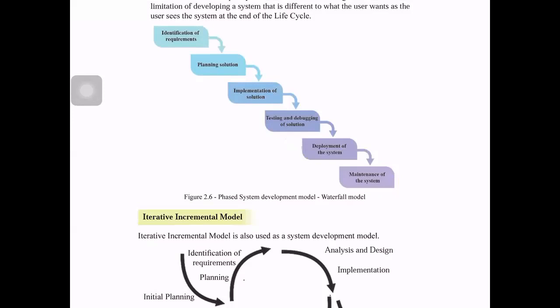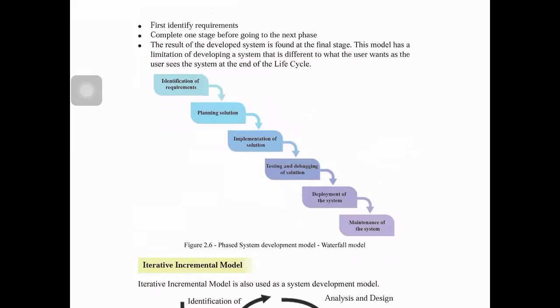Now, according to the waterfall model, once you are going to move to a lower phase, you must complete your upper phase completely, right? That means identification of requirements should be done entirely and finished before moving to the planning solution. Now, when it comes to the real world, this will be a very big constraint.